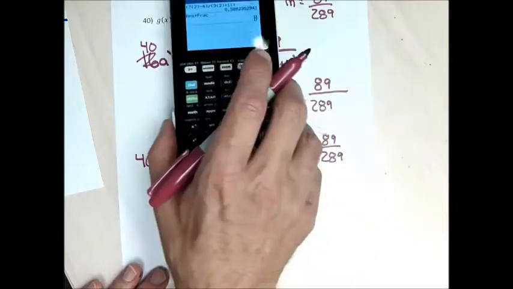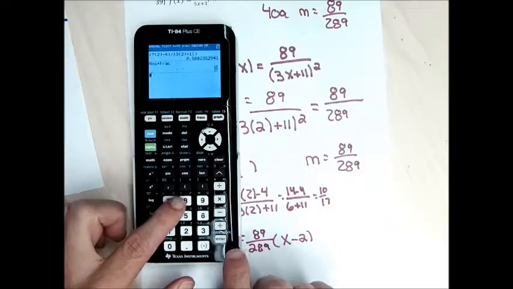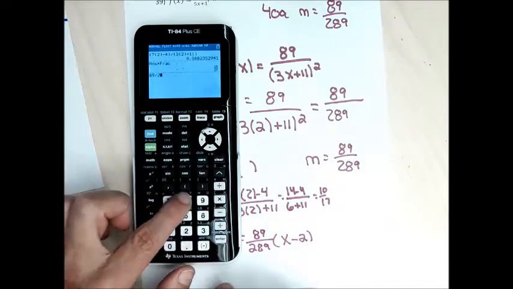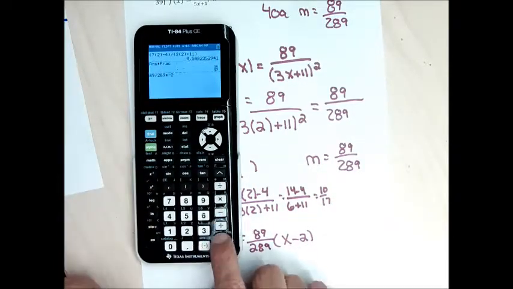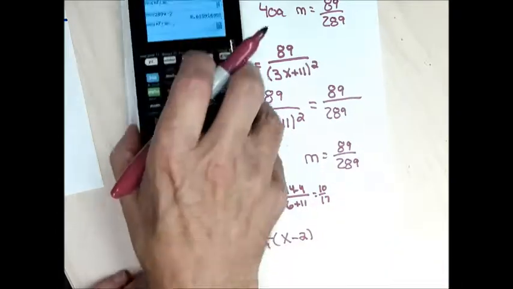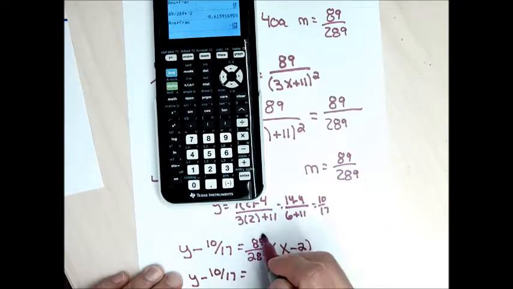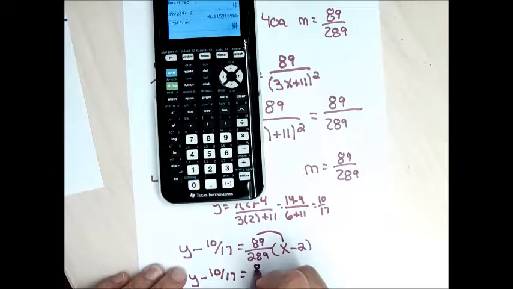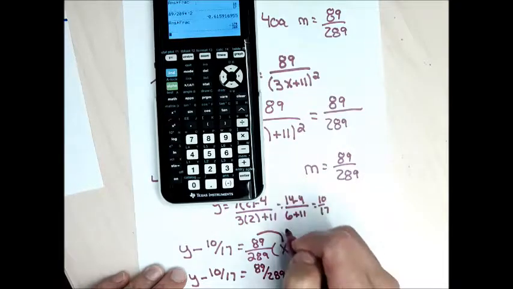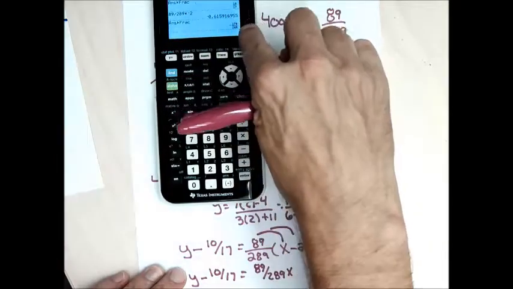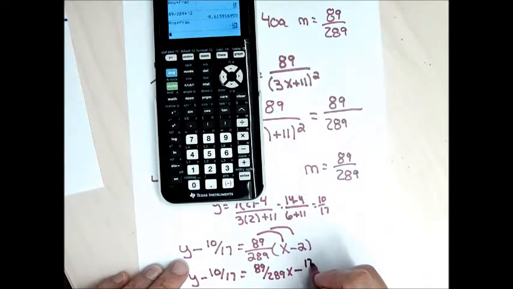Let me clear the parentheses on the right hand side. I have to multiply 89 divided by 289 times negative 2, and math enter enter. When I clear the parentheses on the right hand side, I'm going to multiply the fraction by the x and just get that fraction times the x, and then the fraction times the minus 2, which I did here, and that gives me minus 178 over 289.